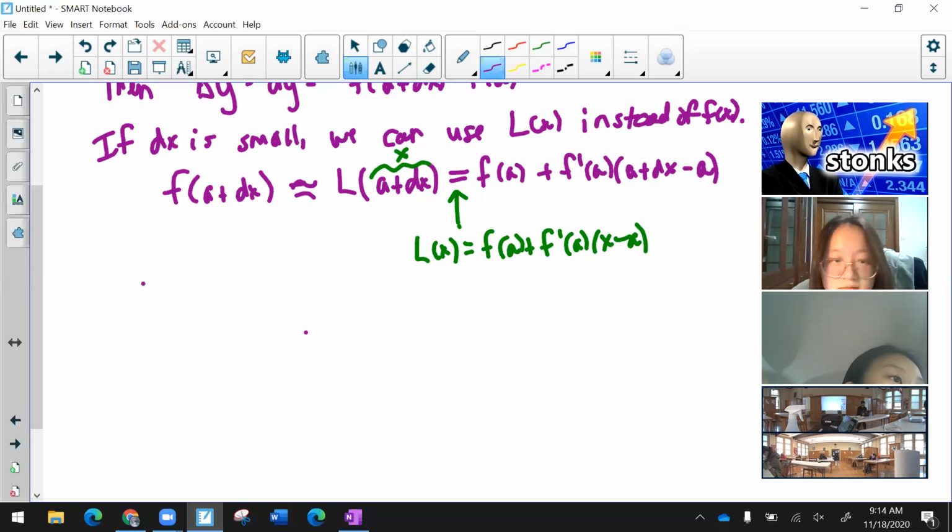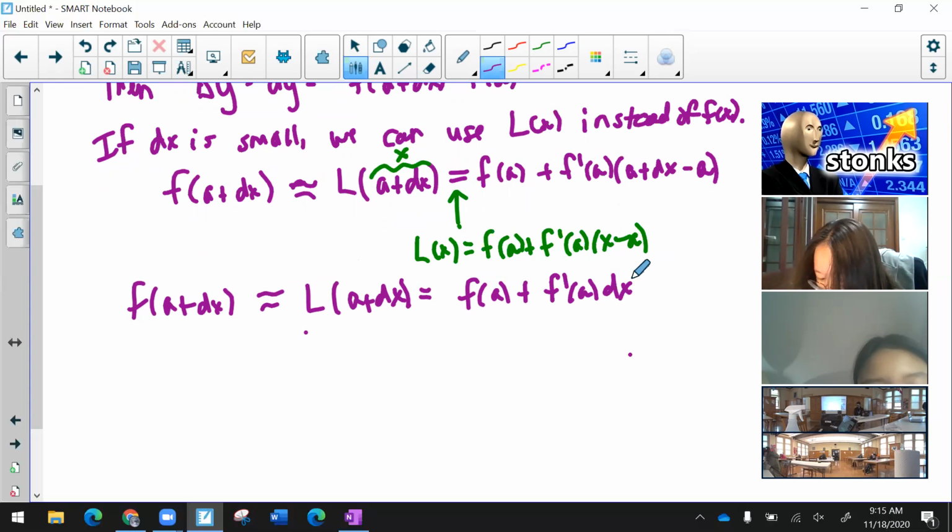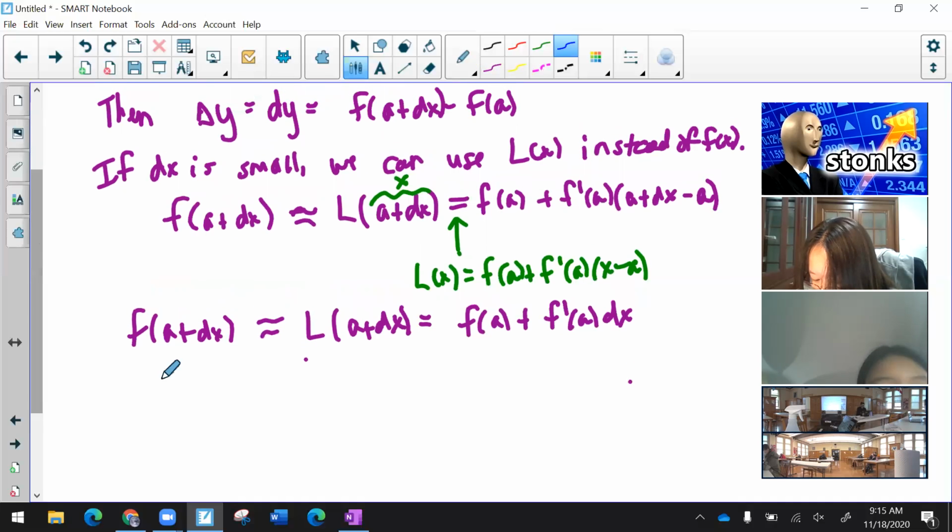So this gives us f of a plus dx is approximately L of a plus dx, which is going to be equal to f of a plus f prime of a times dx, because my a's cancel. Really, my whole point here was that I wanted to figure out what delta y or dy is.